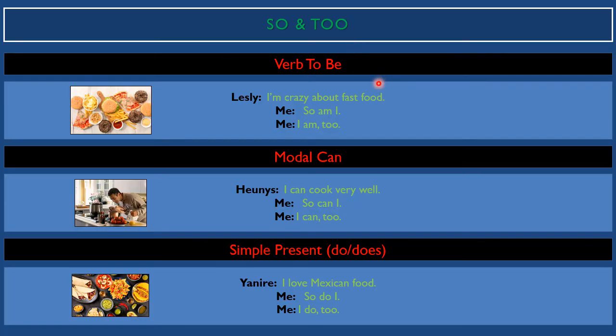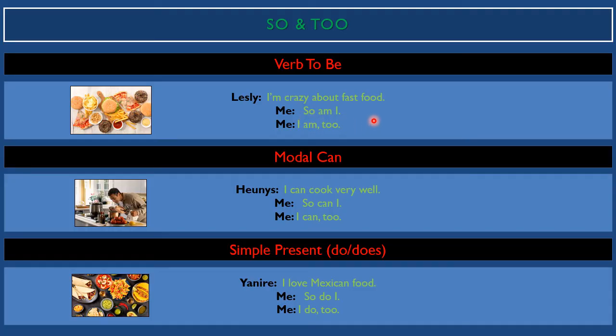In this case, we have three examples. One with the verb to be, one with the modal can, and another one with the simple present. So let's see. Leslie says, I'm crazy about fast food. And I say, so am I, or I am too. I say this because it's the same for her and for me.